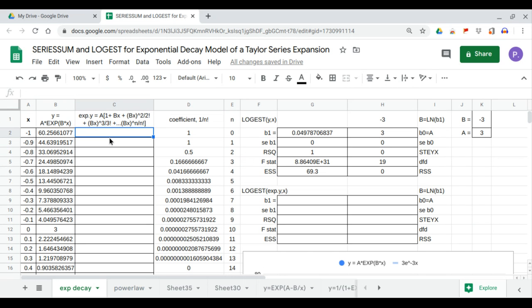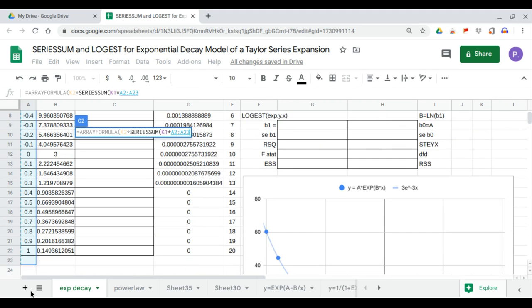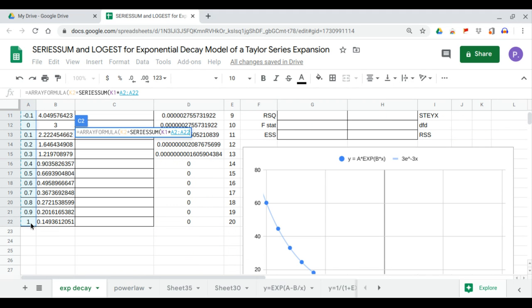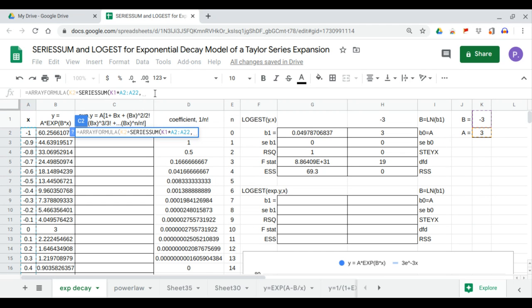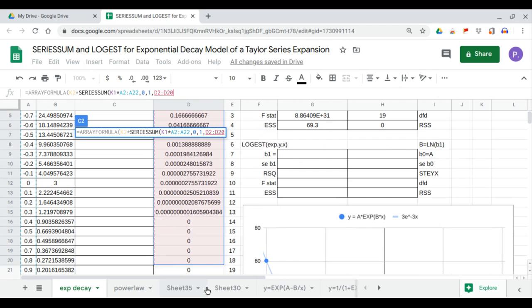Now we can generate the expansion, which is array formula, a times series sum b times the x values, where the power starts from 0, incremented by 1, and the coefficients is this range.